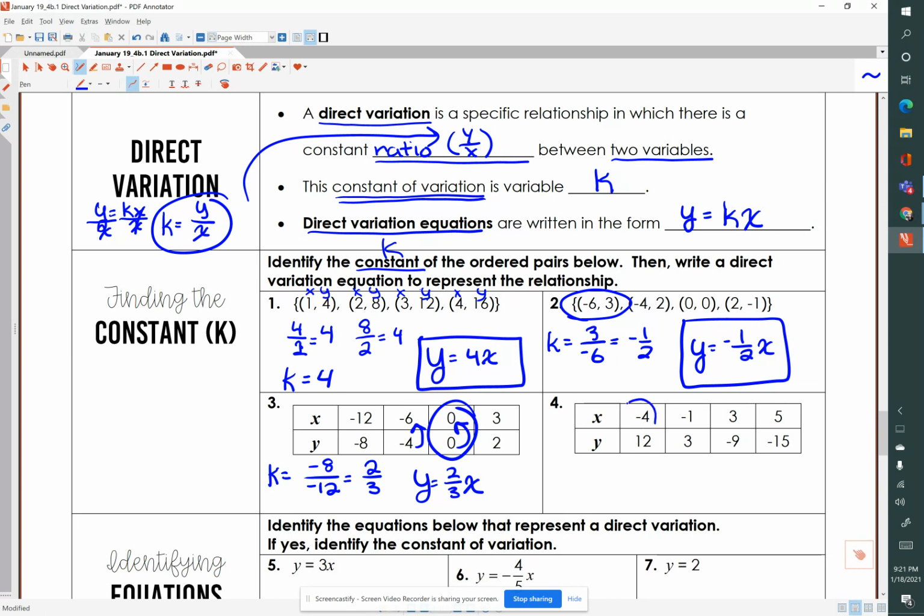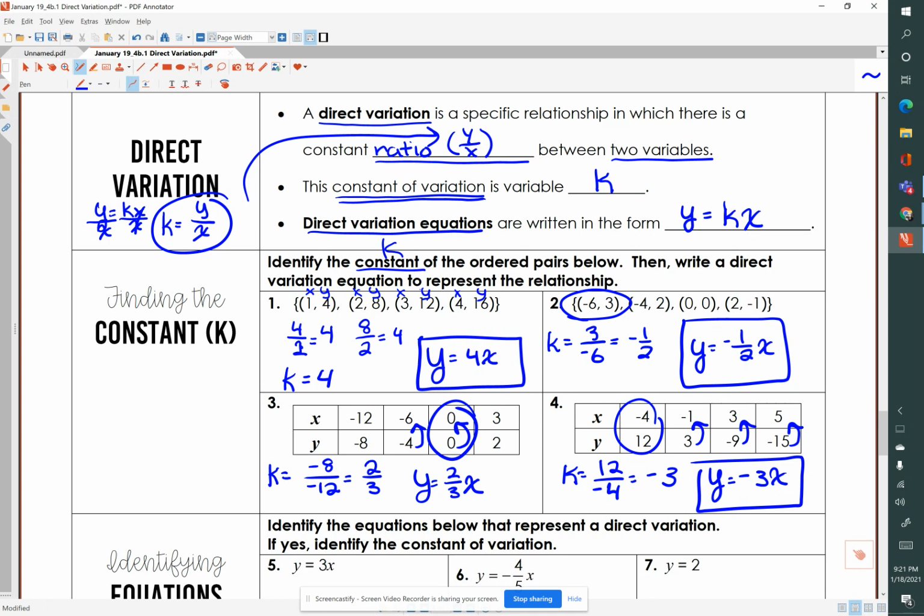We can test this first point. K equals 12 over negative 4, which simplifies to negative 3. And this would work with all of these. So our direct variation equation, y equals negative 3x.